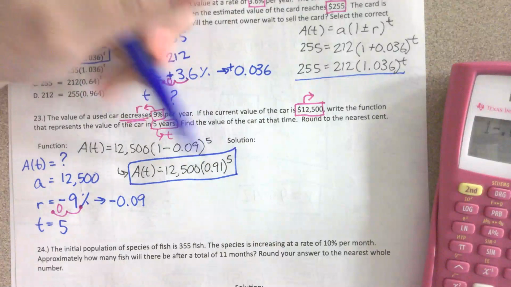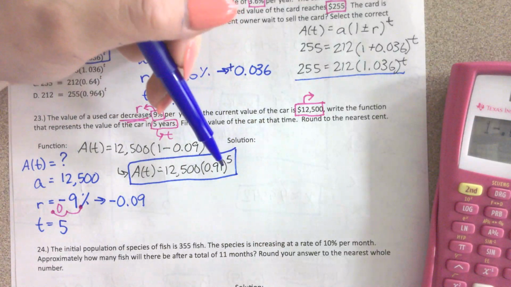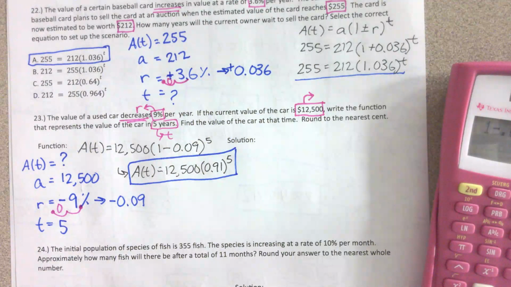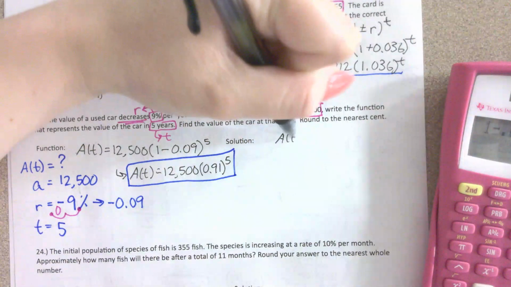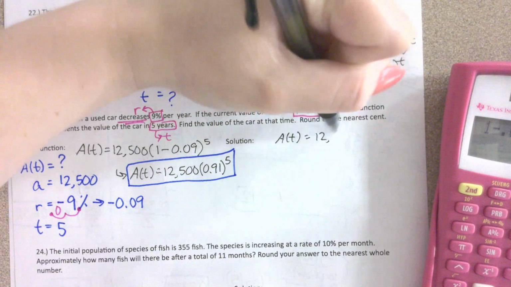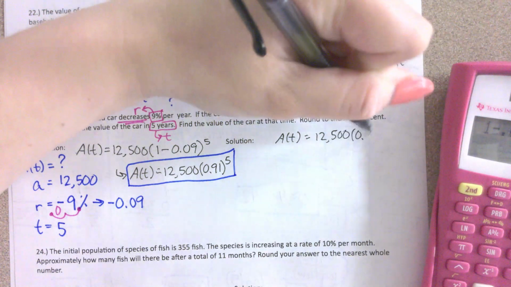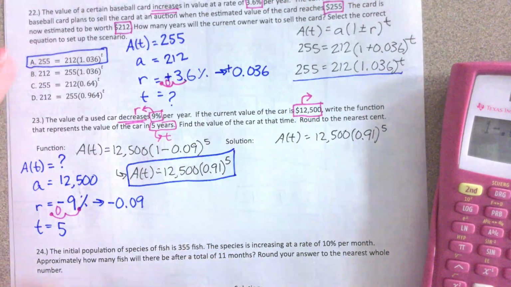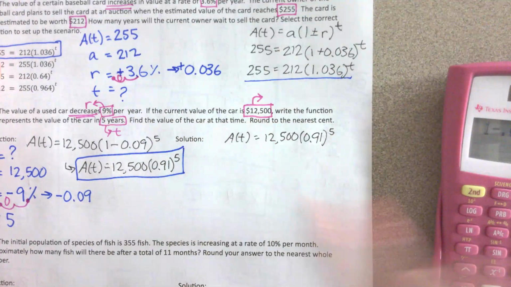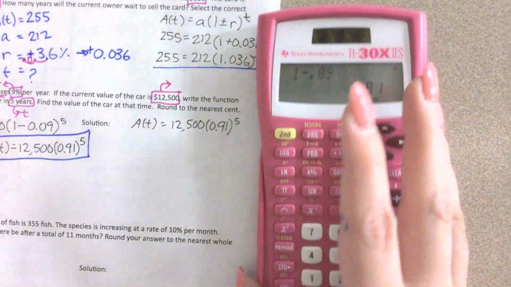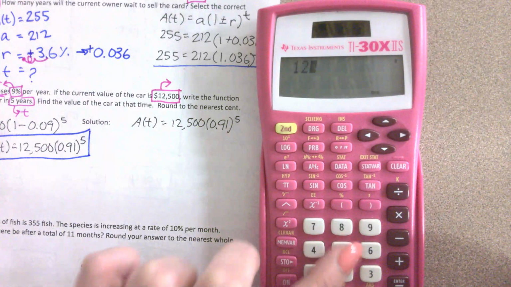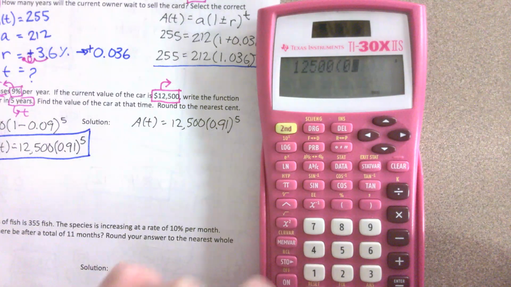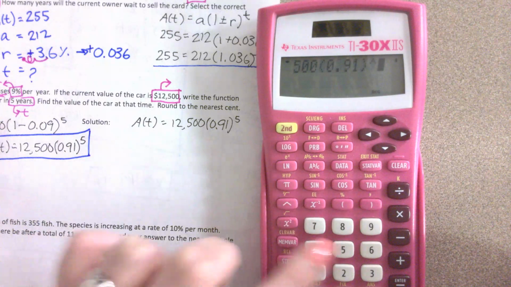Now my solution, I just need to put that into my calculator. So I'm going to write that up here again. Just going to copy that down. And then you just plug all of this into the calculator and you'll get the answer. 12,500 times 0.91 to the 5th power.